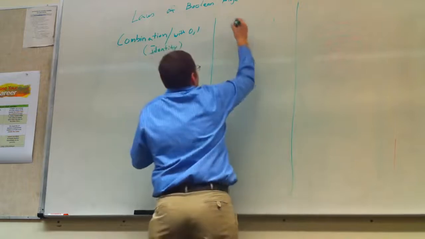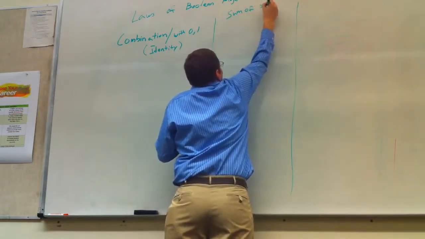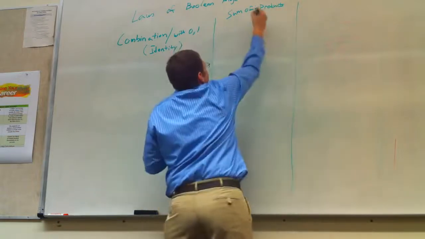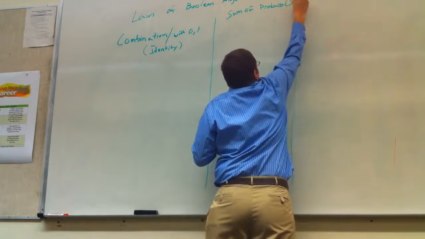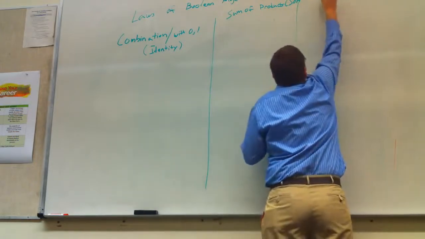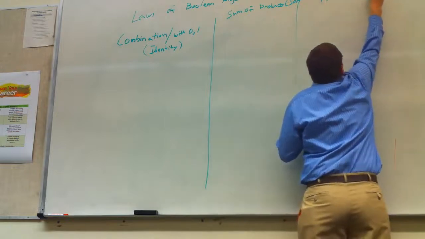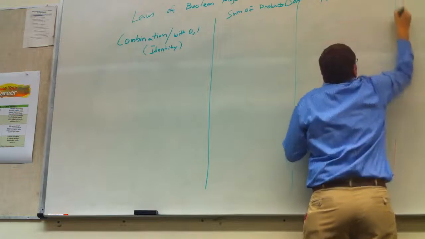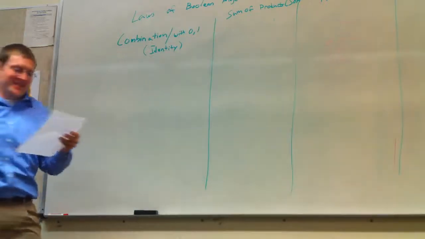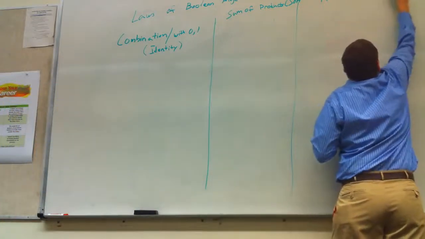We can get what is known as sum of products, abbreviated as SOP, and we can get products of sums, abbreviated as POS. Like I said, we're using algebra terms to do logic.